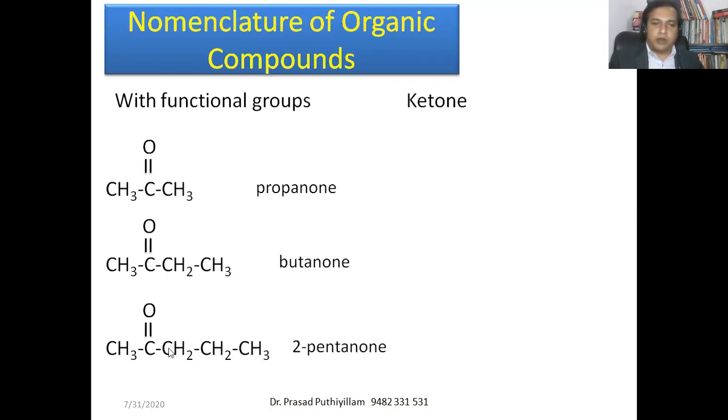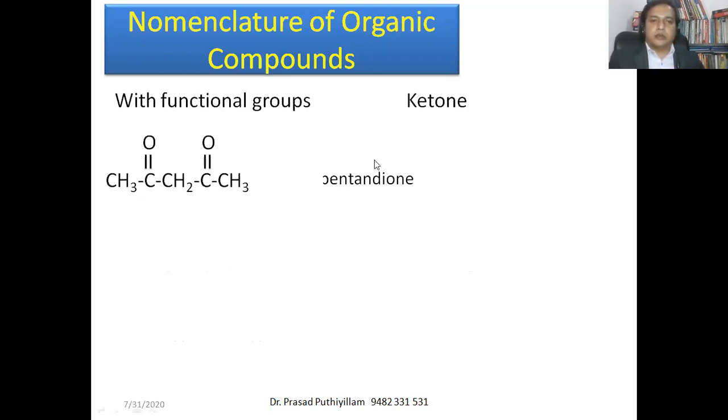Whereas with 5 carbon atoms, if the double bond O comes on the middle, third carbon atom, then it becomes 3-pentanone. Here it is 2-pentanone, pentan-2-one, by IUPAC nomenclature. It can be written as CH3COCH2CH3, or as CH3COCH2CH2CH3.